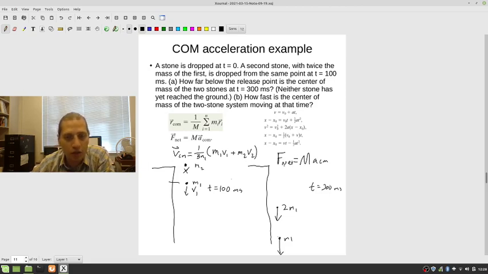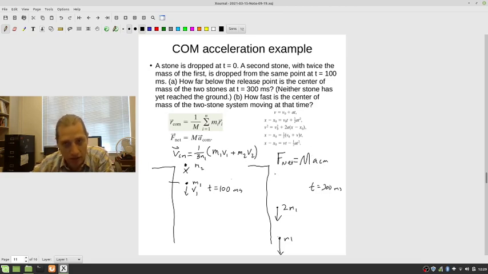Now, why is that helpful? Well, here F net is going to be the total force of gravity on these objects, and the A of the center of mass is going to depend on the mass of all of these.